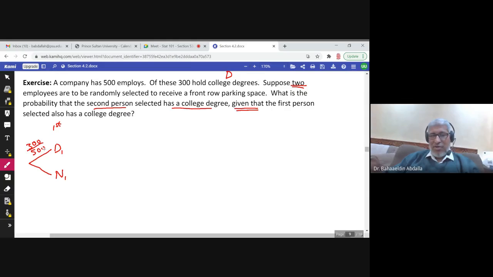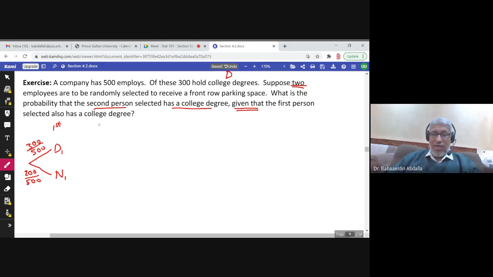So 300 over 500, this would be the probability that the first employee has a college degree. What is the probability that the first employee has no college degree? The complement, the other 200 employees. So everything is clear up to here. If we select one employee, these are the probabilities and this is the sample space.